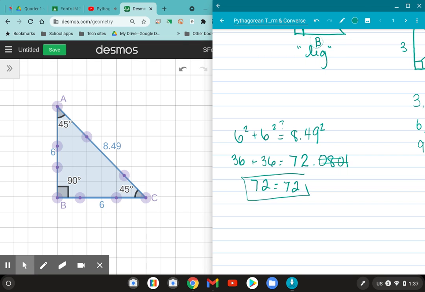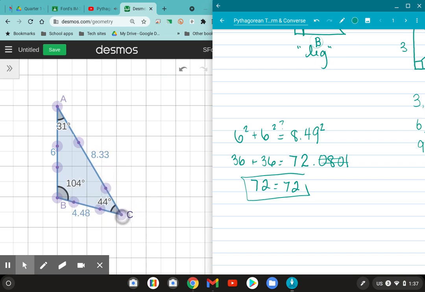So this one is. Now, what happens if this is not a right triangle? If it's not a right triangle, maybe it looks like this. Here, we can definitely tell this is an obtuse triangle. Obtuse means that one of the angles is bigger than 90.